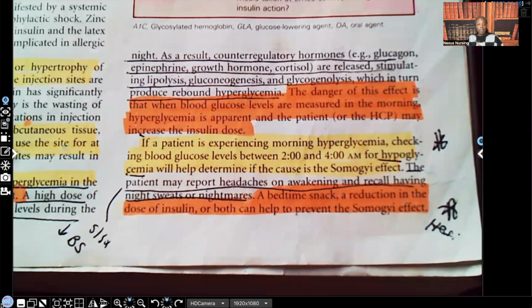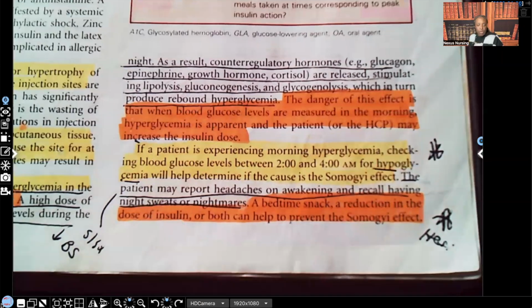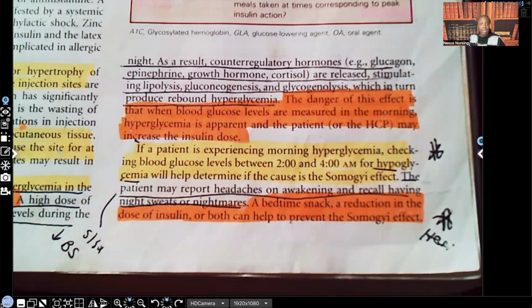So some signs and symptoms you're going to watch out for is that patient having signs and symptoms of hypoglycemia in the night, or them complaining about it, such as right here, the headaches, the night sweats. Other signs and symptoms of hypoglycemia, if the patient's cool and clammy. Remember, cool and clammy need some candy?